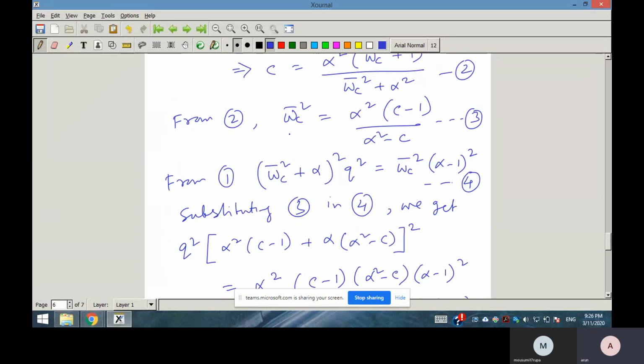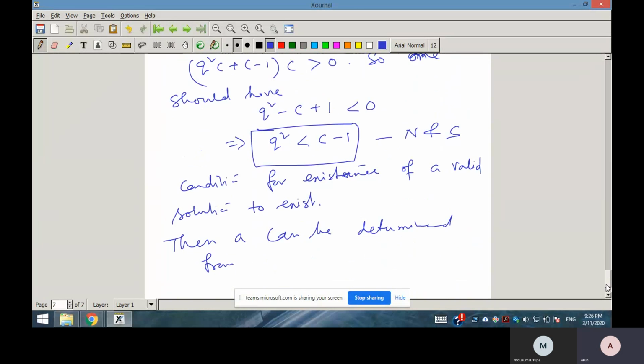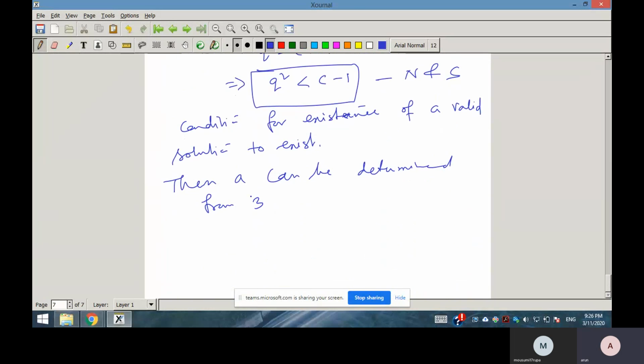From this expression, omega C square divided by S square equal to, from 3 actually, alpha square into C minus 1 by alpha square minus C. So A can be determined from 3 as A equal to omega C divided by alpha into root under alpha square minus C divided by C minus 1.